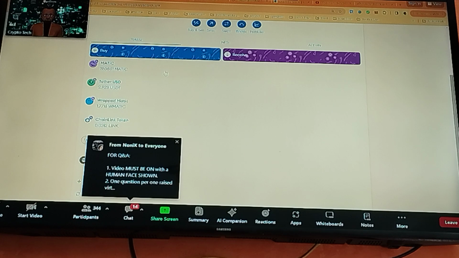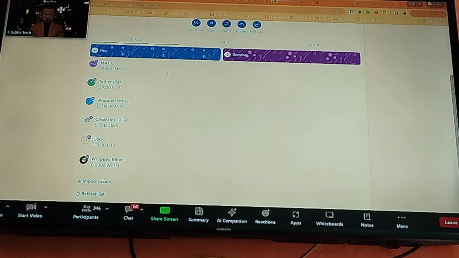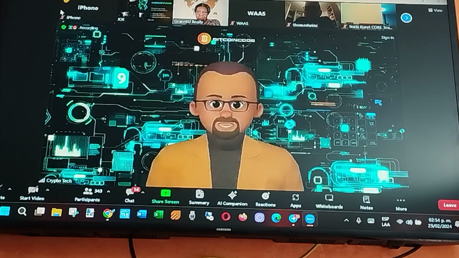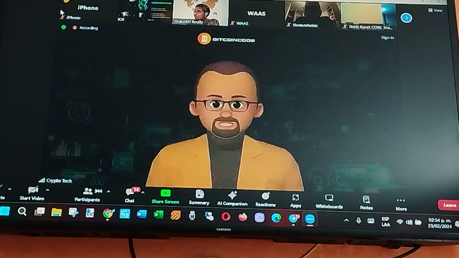edited version. Can you guys see the second page that I have up? Is that your MetaMask? I have MetaMask up and I have the comparison. Can you see the comparison? The comparison regarding the tokens and the activities? No, all we can see is your MetaMask tokens page. Okay, let me stop sharing and share because maybe I wasn't sharing everything.